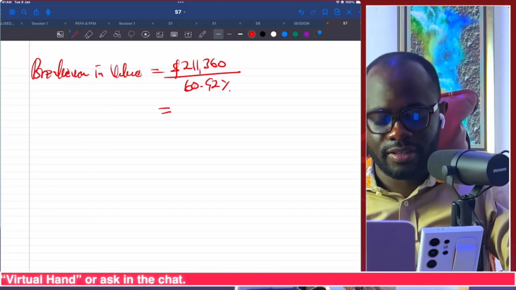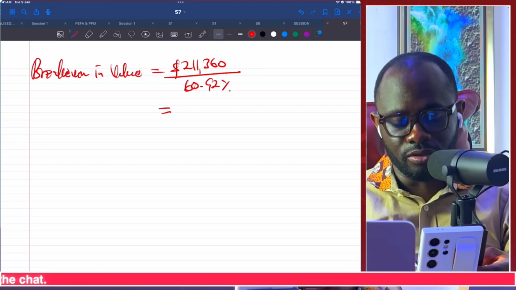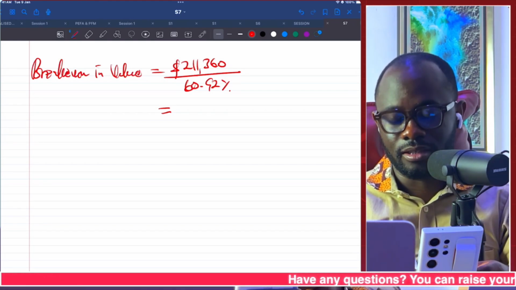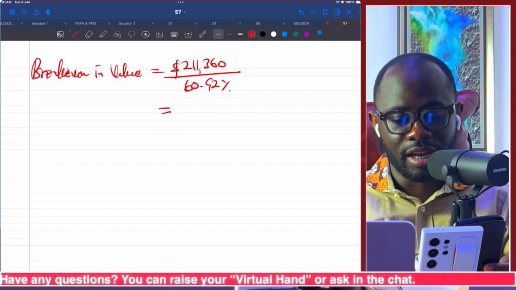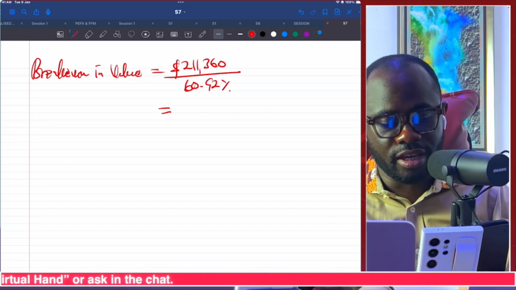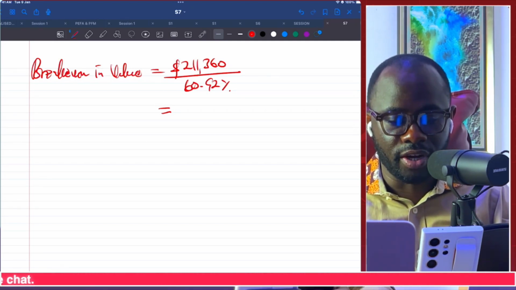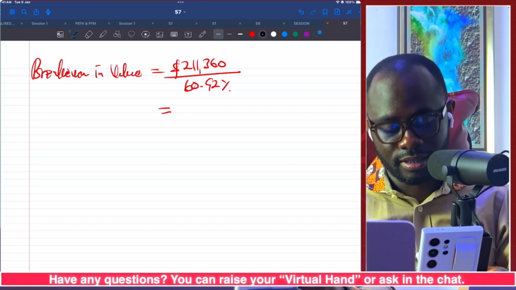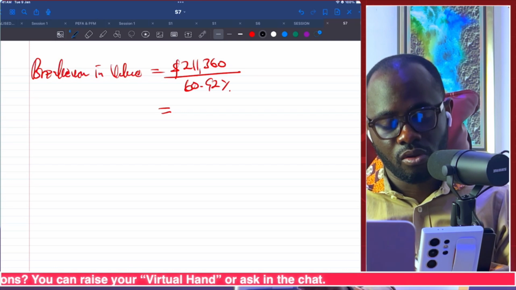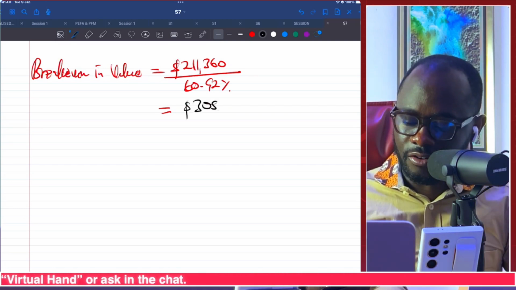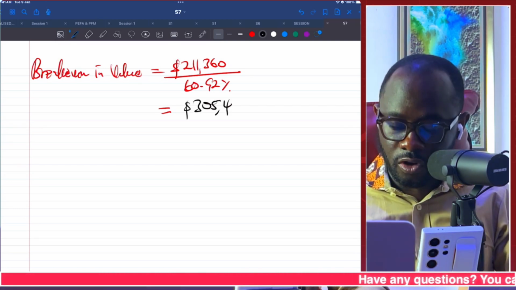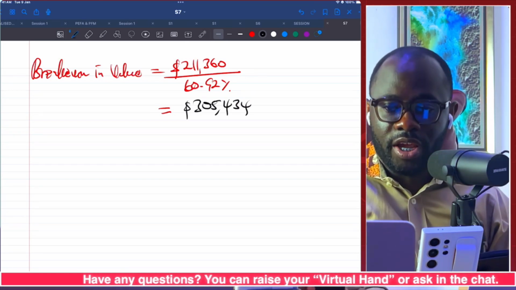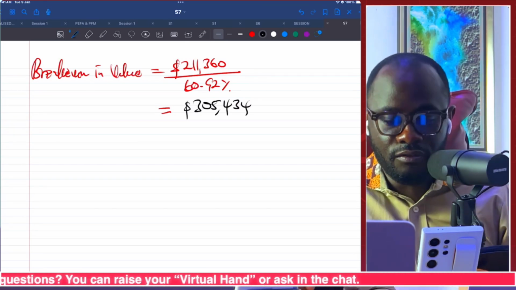And that gives us the break-even point in value. So 211,360 divided by 0.6092, and I'm getting an amount of 346,934. That's our sales or break-even point in value.